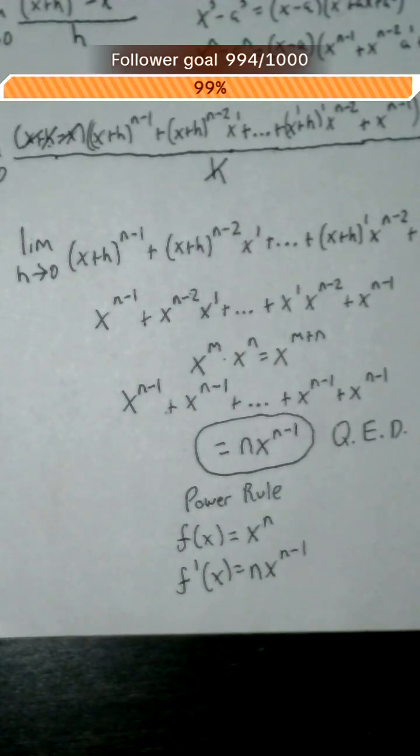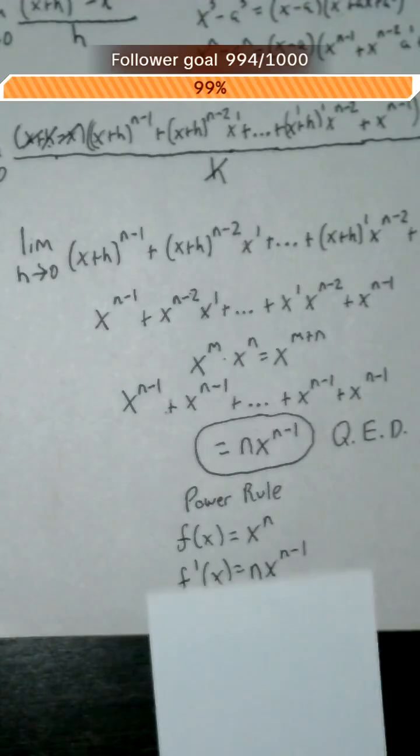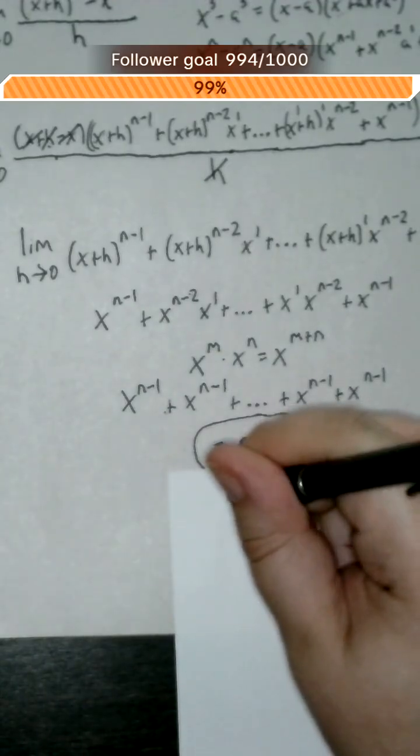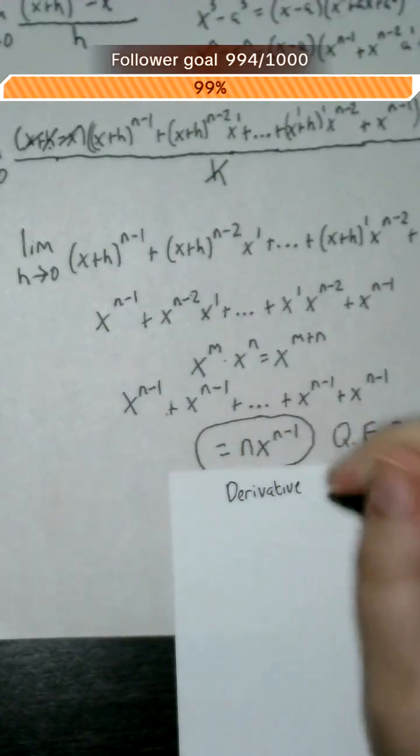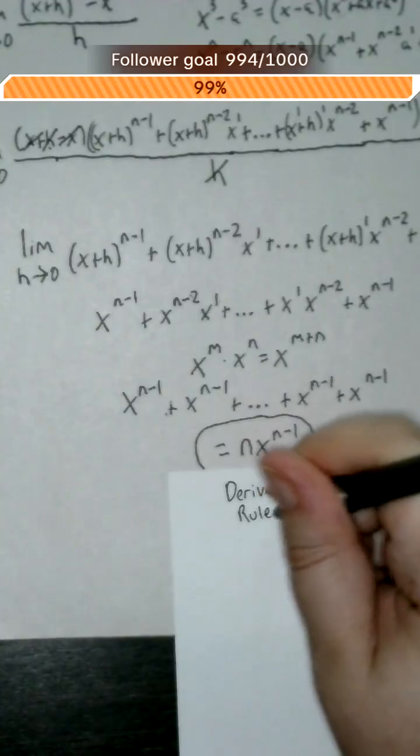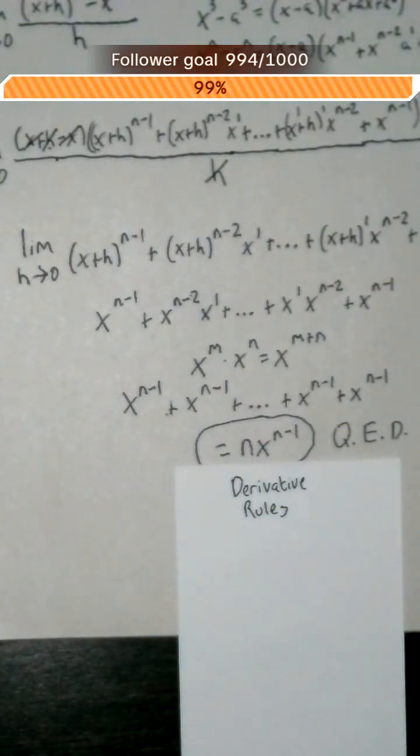So now that we know the power rule, let's go ahead and do a few exercises. Also, let's add it to our list of rules. So, derivative rules. That's the proof of the power rule.